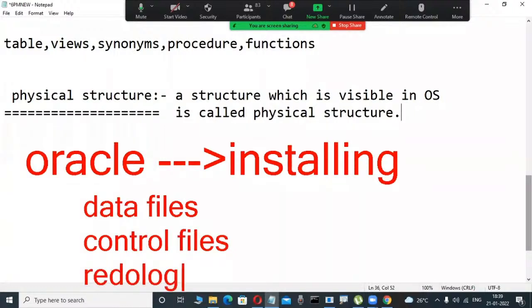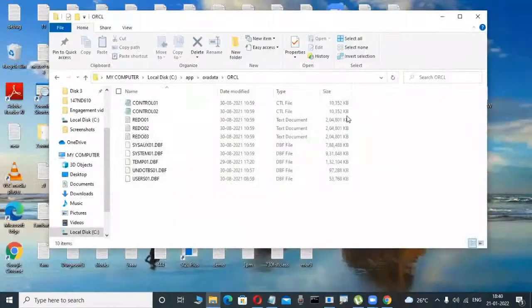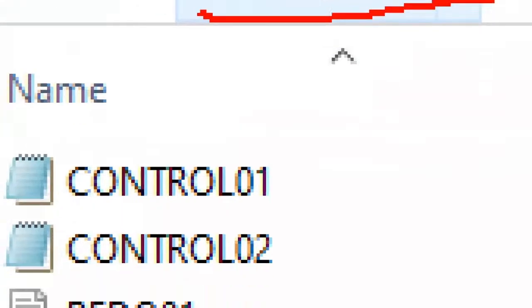You don't have an idea about these yet. In future, in the DBA concept, I'm giving just a rough introduction in our course. Whenever I'm installing Oracle software, some files are created on the disk, in the C drive or D drive.